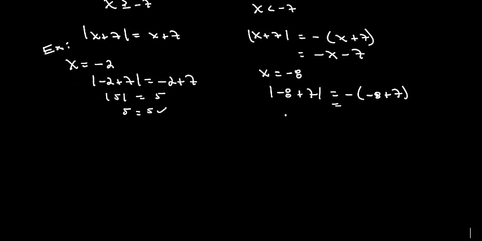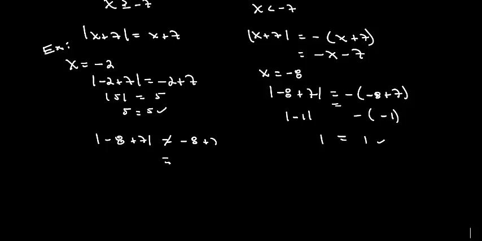And so if you do the math out here, this is the absolute value of negative 1, and this is negative 1. And so this is 1 and this is 1. And they match. If you try to plug negative 8 over into here, it won't work. Watch. Because this guy gives me negative 1, and this guy gives me the absolute value of negative 1, which is positive 1.